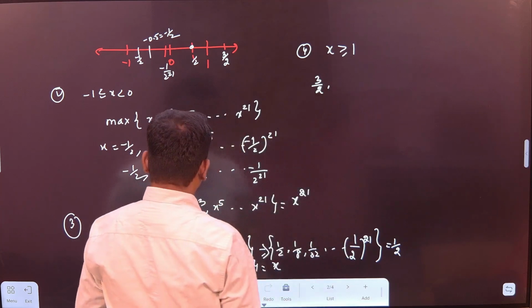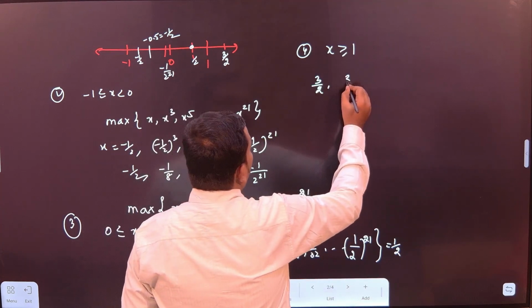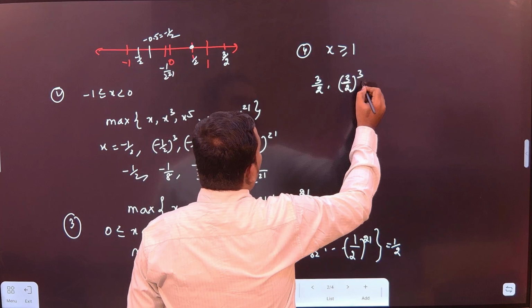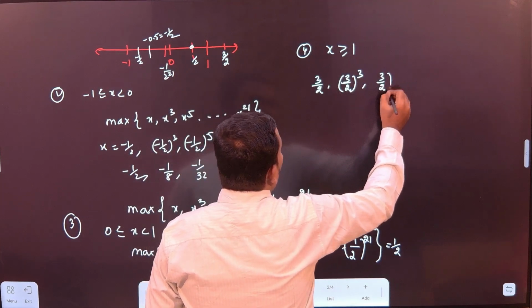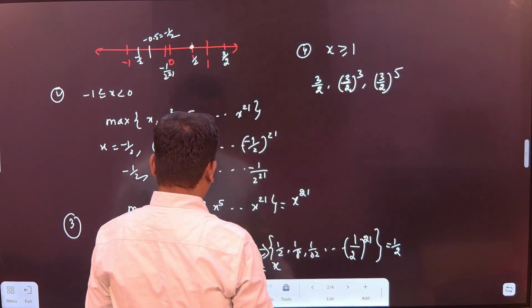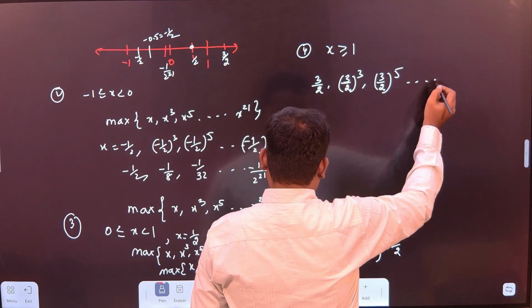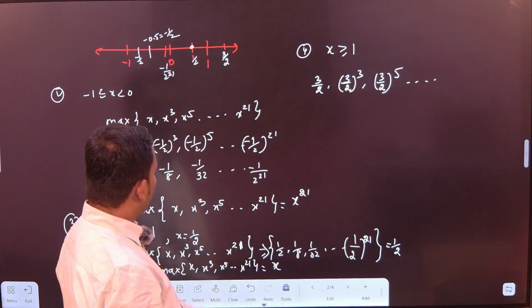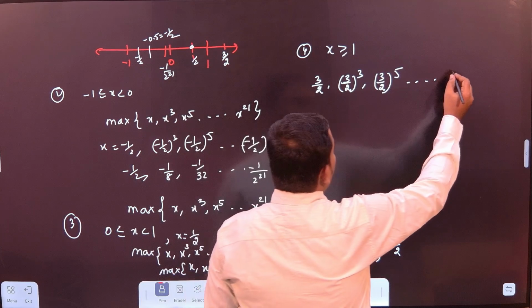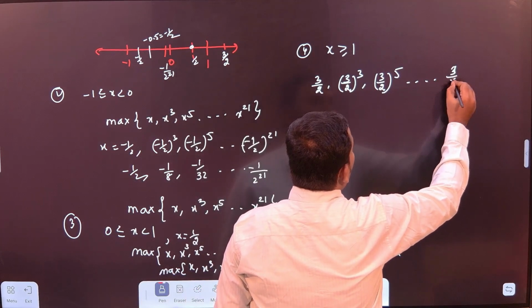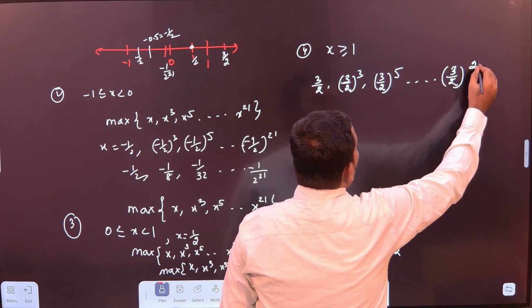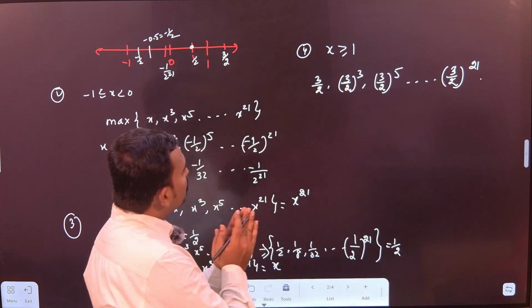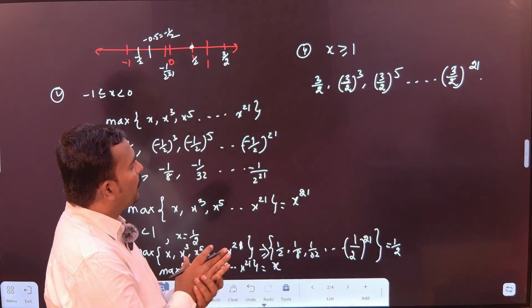So 3 by 2 whole cube, 3 by 2 whole power 5, and so on. Is it correct or not? Yes, correct. So 3 by 2 whole power 21. Among these, which is the maximum here?